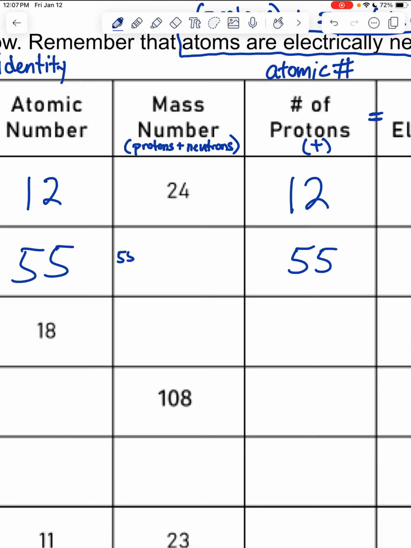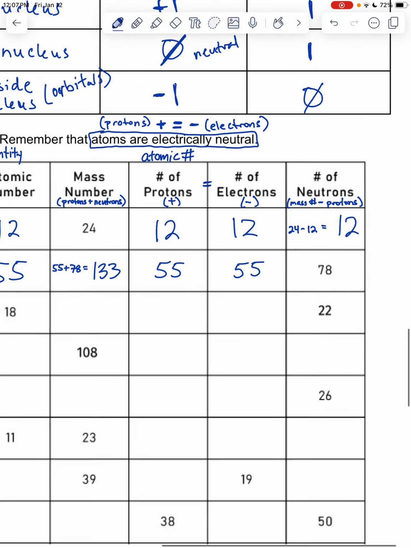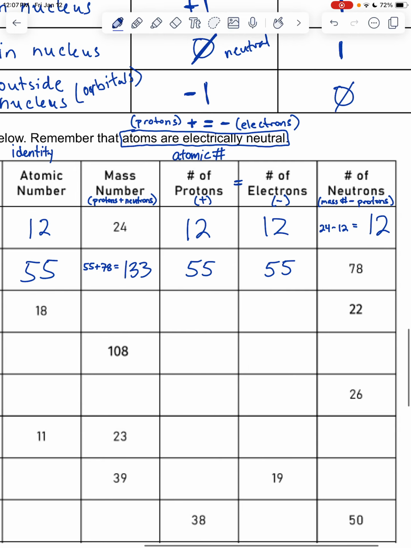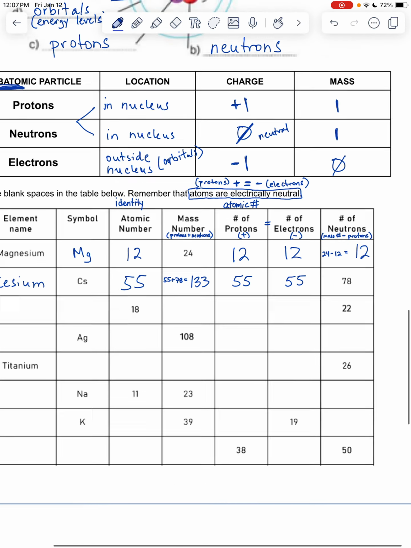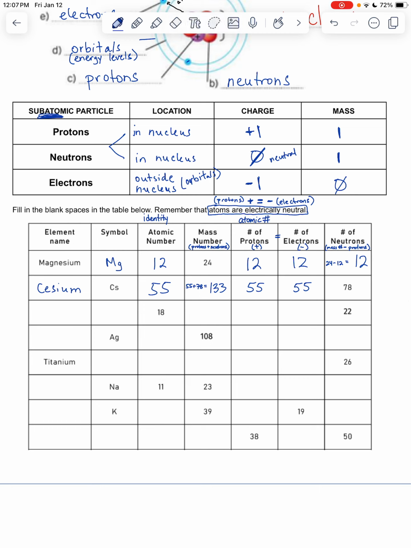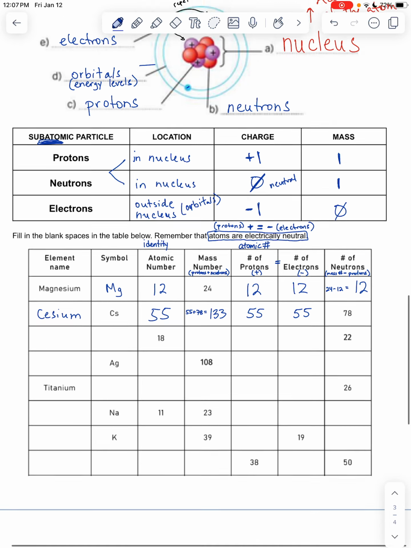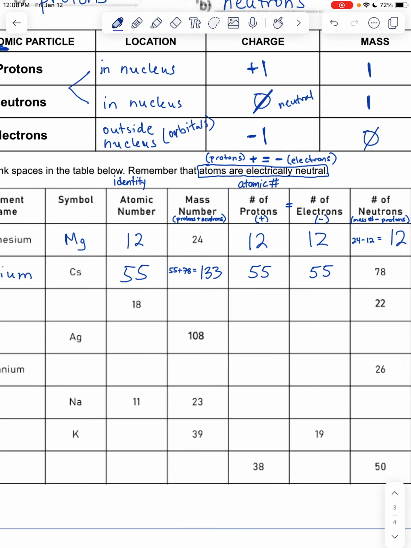Protons is 55, neutrons was 78. 55 plus 78 off the top of my head, just kidding, I have a calculator right here, just to double check, is 133. All right, so again, this is pretty much like a puzzle. And what you're doing is you're taking what you know and you are figuring out how to fill in the rest. So let's do one more together, and then we can do a couple more when we're all together.